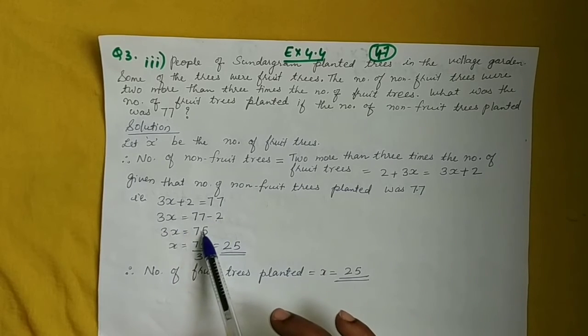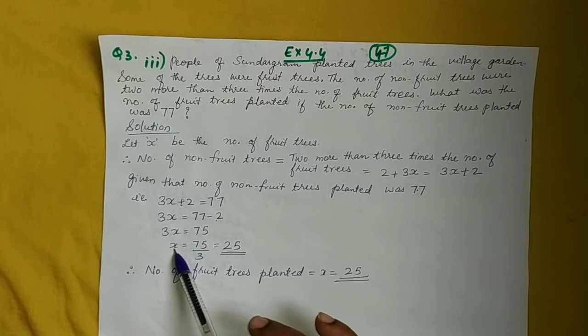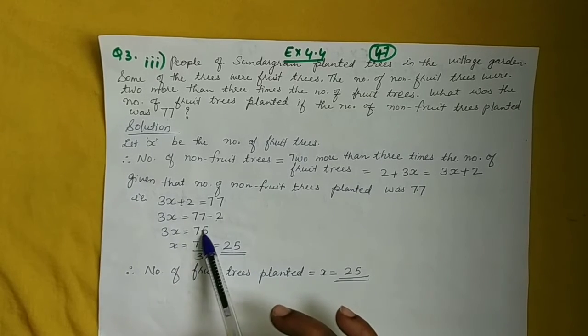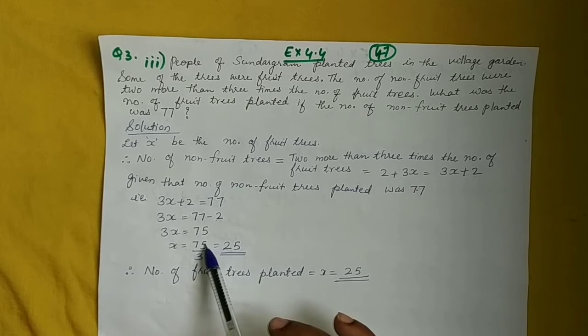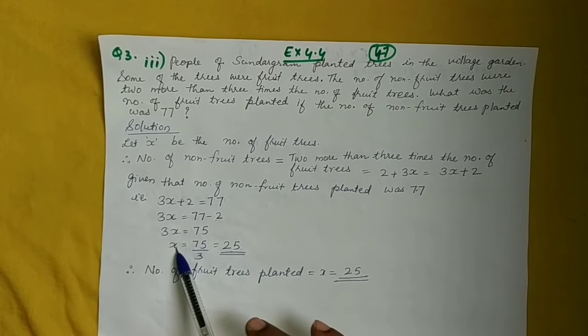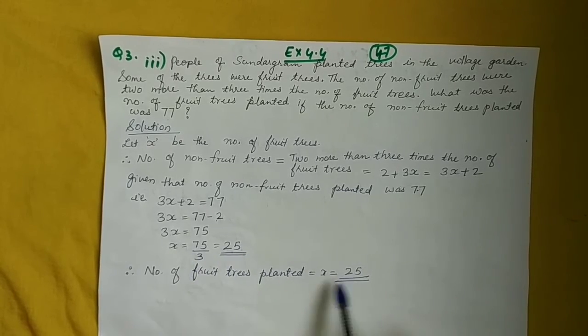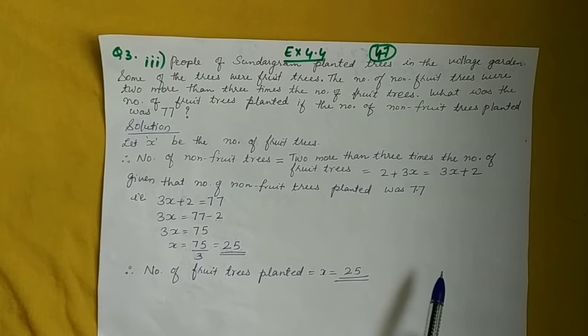So 3x is 75. Now 3 is multiplied by x. We are keeping x only on the LHS. 3 is taken from LHS to RHS, so we are dividing 75 by 3. So the answer is what? 25. What is our x? The number of fruit trees, so x is equal to 25. So there are 25 fruit trees in the garden.